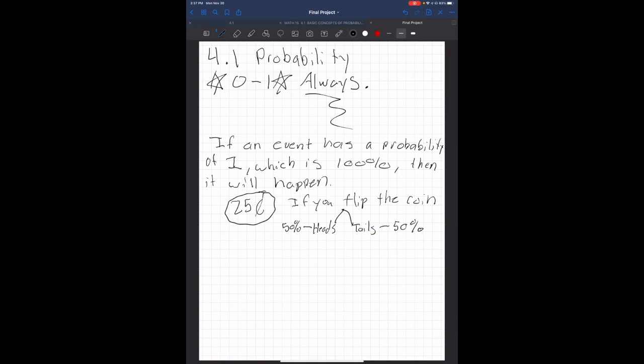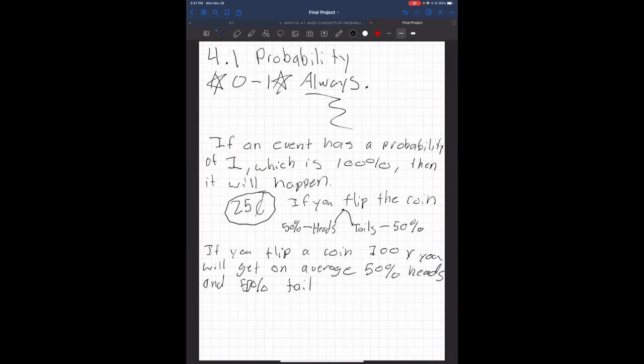If you flip a coin 100 times, you will get, on average, 50% heads and 50% tails.